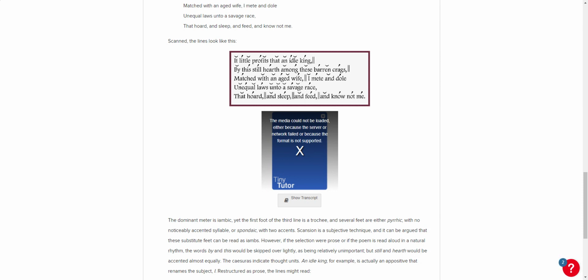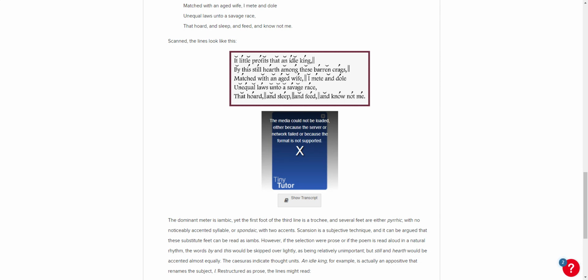So they have these examples here where if I'm looking, let's see, it little profits that an idle king by this still hearth among these barren crags, matched with an aged wife, I meet and dole unequal laws into a savage race that hoard and sleep and feed and know not me.